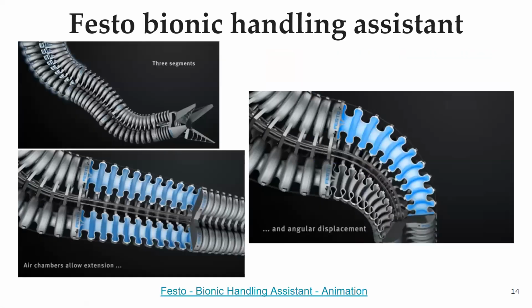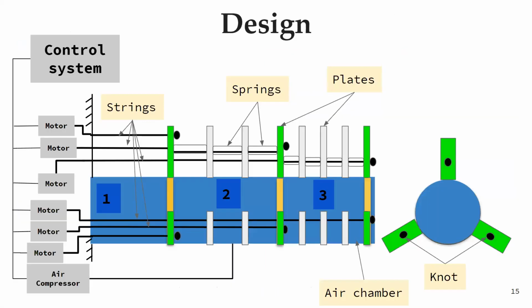Next is the Festobionic handling assistance. It basically has a pair of air chambers which can be pressurized or vacuum can be applied, and it basically takes care of the basic structure as well as the control for the robot. So after taking inspiration from these two robots, this will be the design of my own robot.